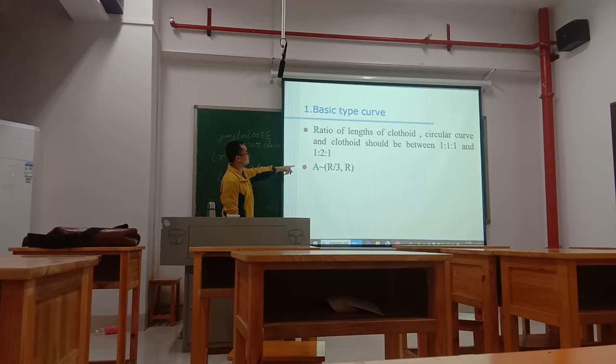A is between radius divided by 3 and R. This is the normal ratio and value.